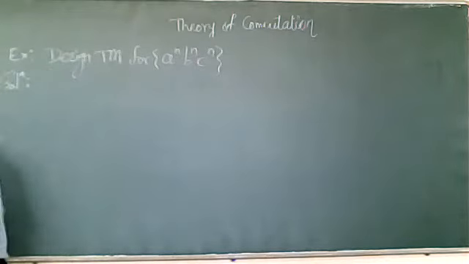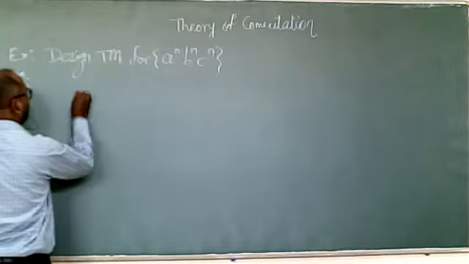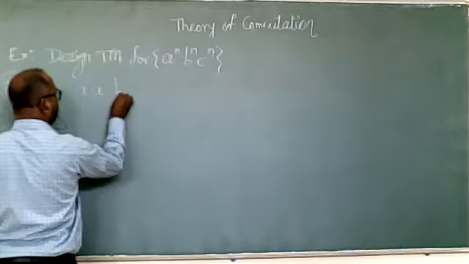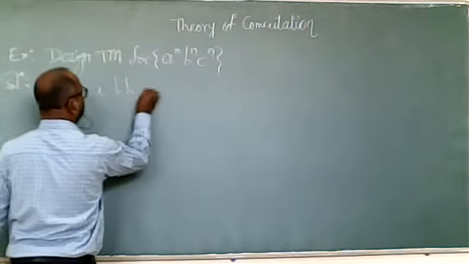It is completely logical, so at some place you may get stuck, and you have to revise and go back. Now we'll try to design the Turing machine. So we'll take the input A, B, B, C, C.